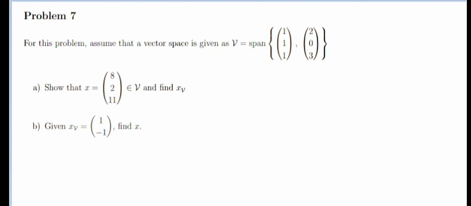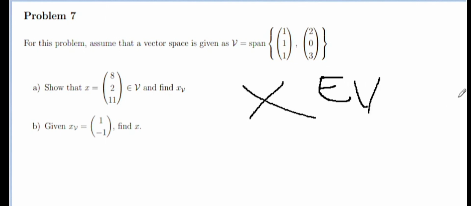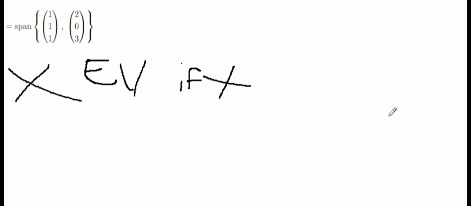So for A, this first one, x is in V if x can be written as a linear combination of Y1 and Y2.